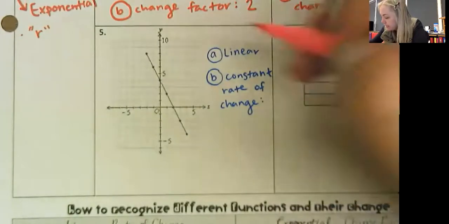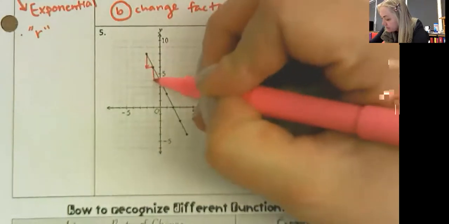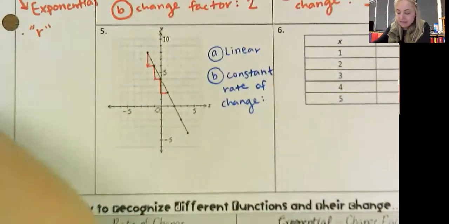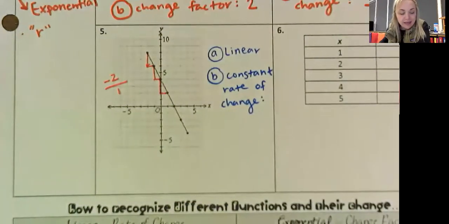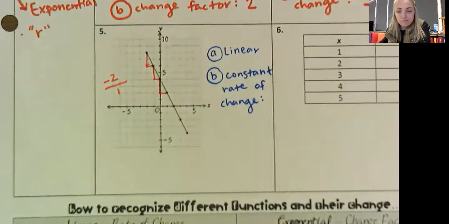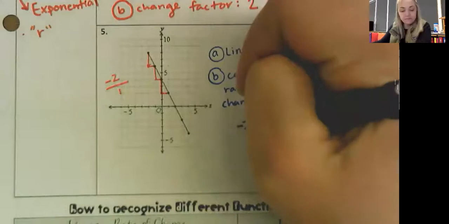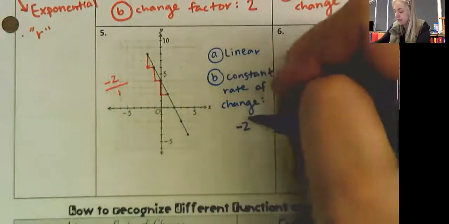This graph is going down 2 spaces to the right 1, down 2 to the right 1, down 2 to the right 1. So how would I write that as a fraction? Well, I would say down 2 to the right 1, negative 2 over positive 1. And that would give me negative 2. So my constant rate of change is negative 2. Negative 2 over 1, which is just negative 2.